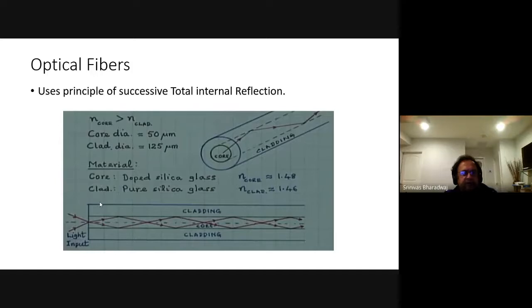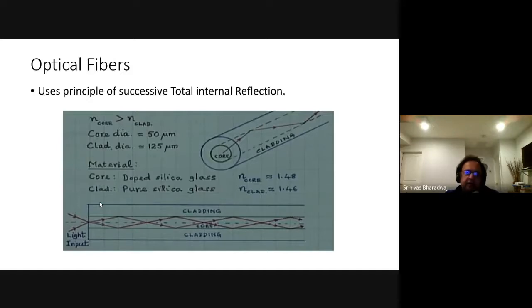Then we also discussed this idea of optical fiber. In an optical fiber, there is ongoing total internal reflection, and how does that happen? There is an inner core which has a different refractive index compared to the outer material. The outer material has a lower refractive index.